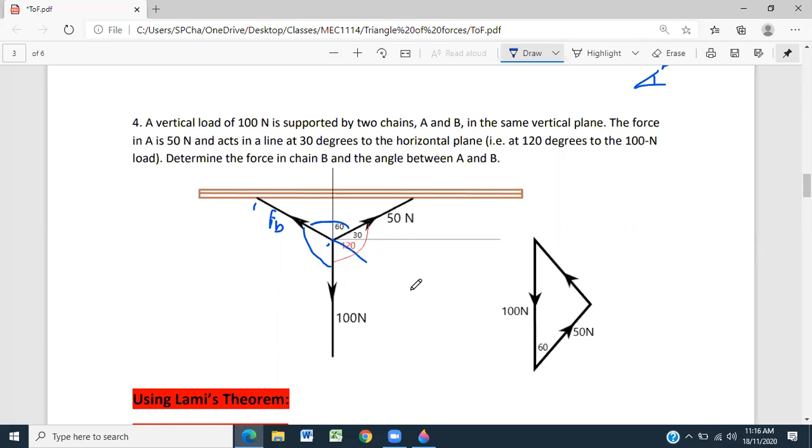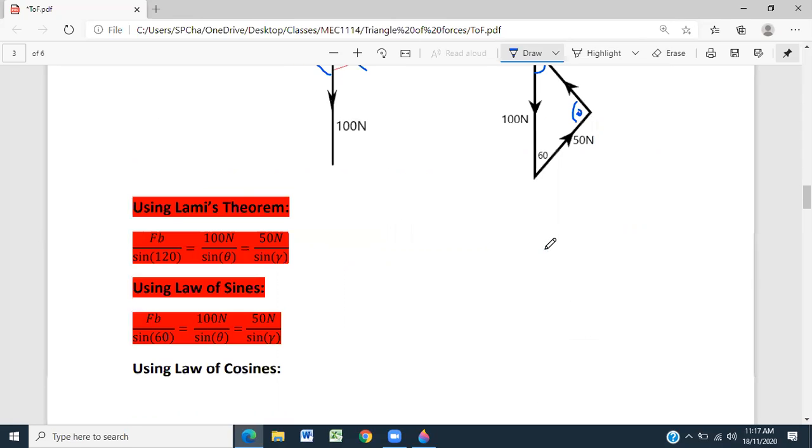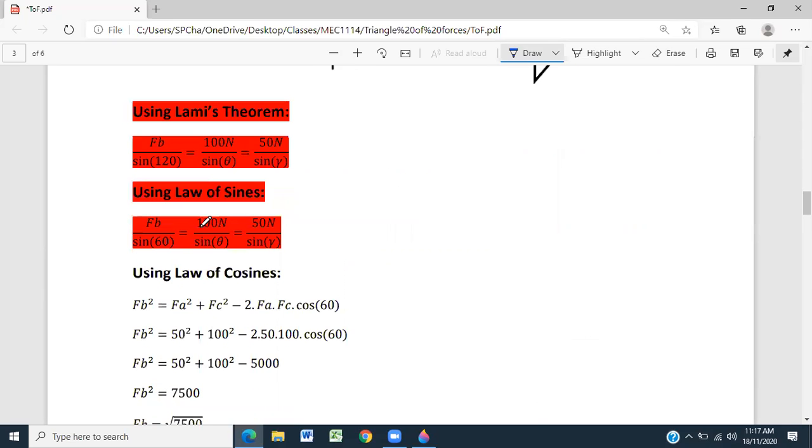So when we slide down, we wouldn't know what this angle would be. So we end up in a situation where this angle is unknown, and so is this angle. If we try using the sine rule now, we end up with the same 50 over two unknown angles with sine 60 over B. It's just that this changed from 120 to 60. And again, we can't solve these equations.